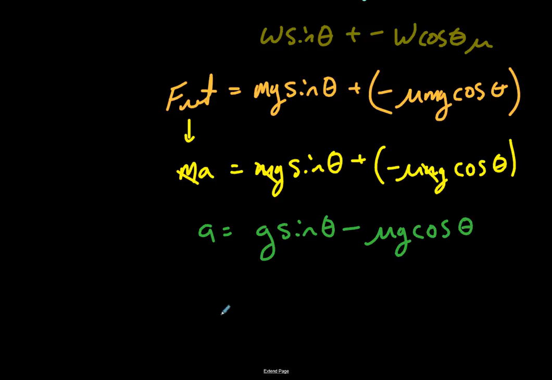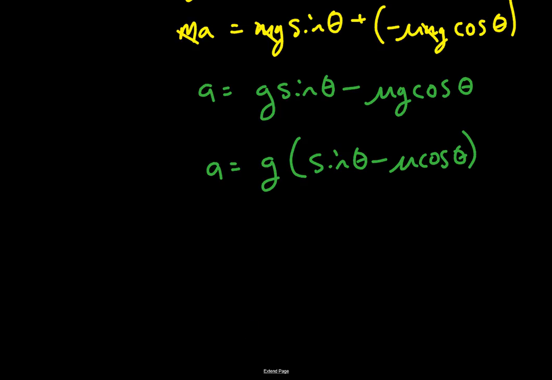Now what can I do? Well, I can further work on this, and I could say that it's g sine theta minus mu cos theta. Okay, so now that we've pulled this out, the acceleration of that block is equal to 9.8 times the sine of 40 degrees minus mu times the cos of 40 degrees.